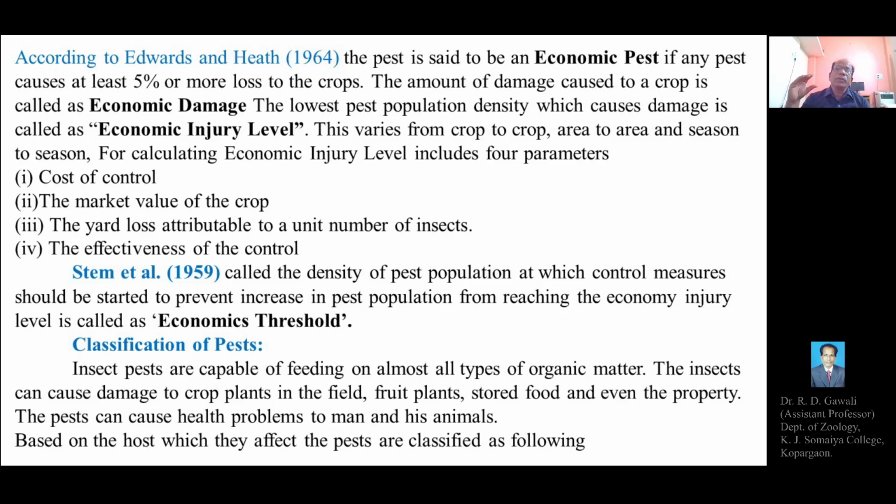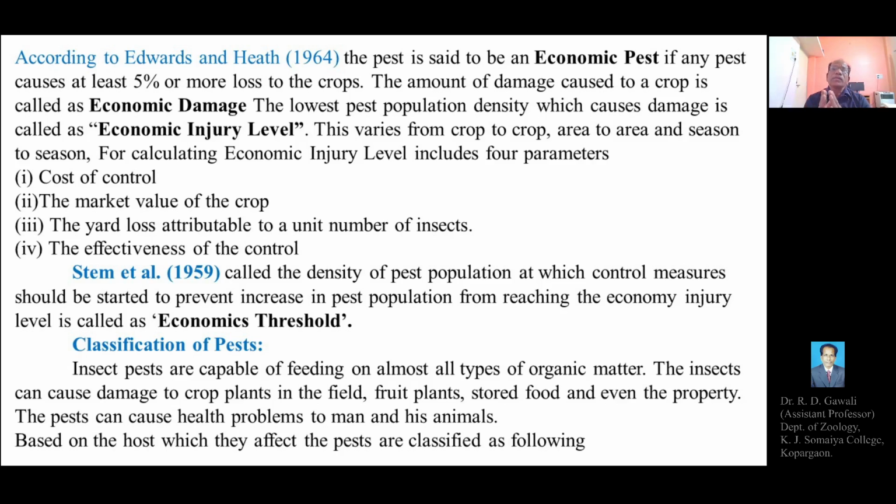Insects are of most importance as far as crop loss is considered. Insect pests are capable of feeding on almost all types of organic matter and causing loss of agricultural crops. They can damage crop plants in the field, fruit plants, stored food or food grains, and even property.